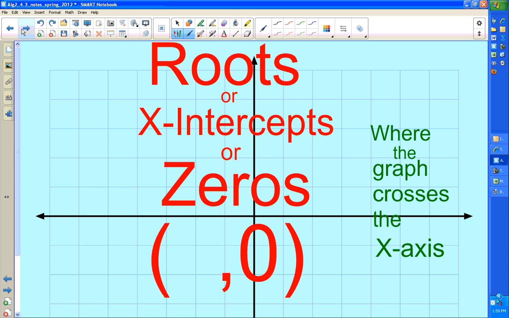The roots, the x-intercepts, the zeros. Roots, x-intercepts, zeros, they're all the same thing. It's the place where a graph crosses the x-axis. We talked about it briefly on Friday. It's where the graph crosses the x-axis. It might have been Thursday. They are always something, comma, 0.